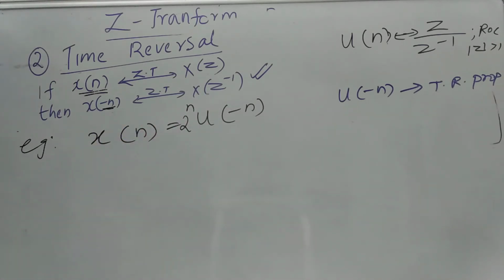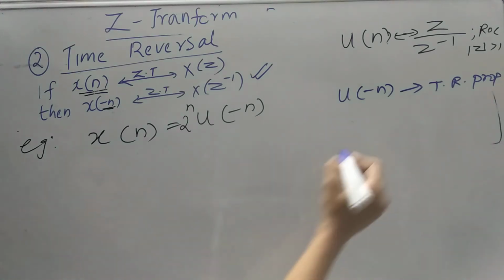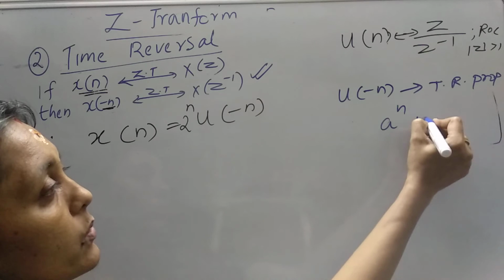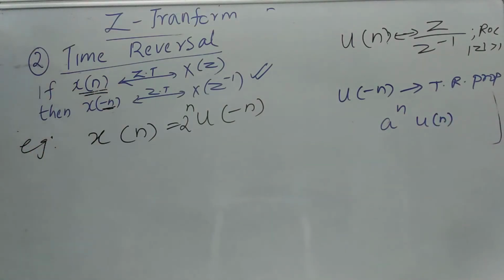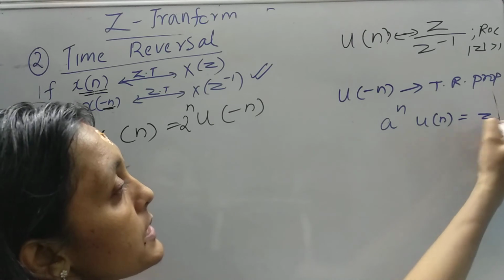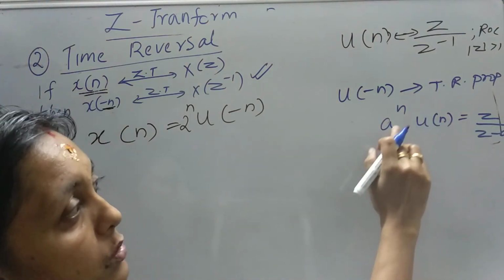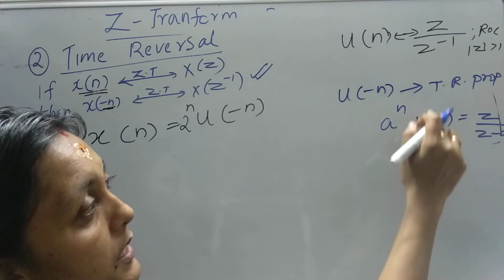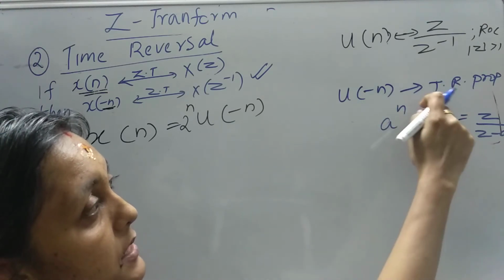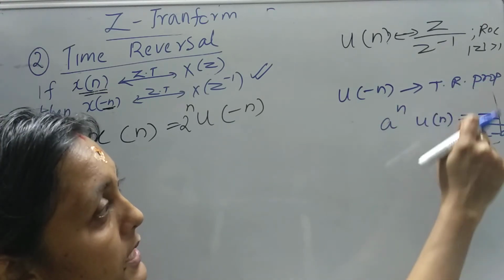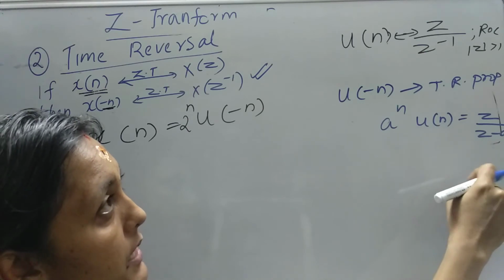We know the standard value of a raised to n u of n. That is z by z minus a, because u of n is 1. So a raised to n times z raised to minus n, that is a z raised to whole raised to minus 1, that is 1 by 1 minus a z inverse.